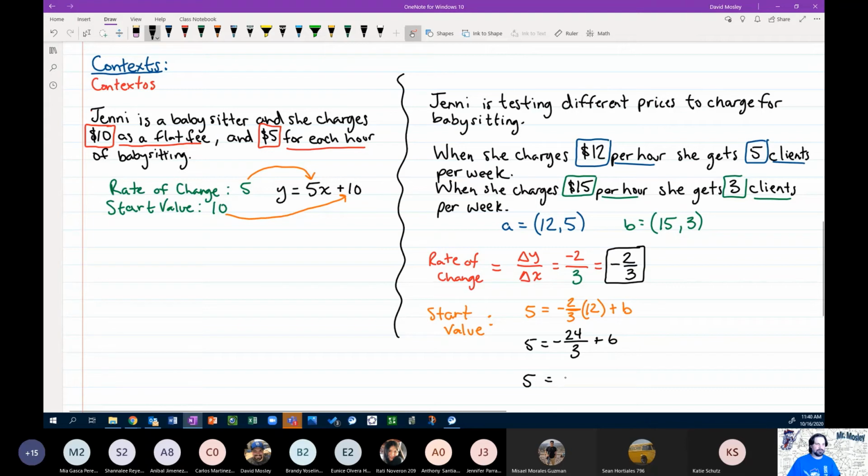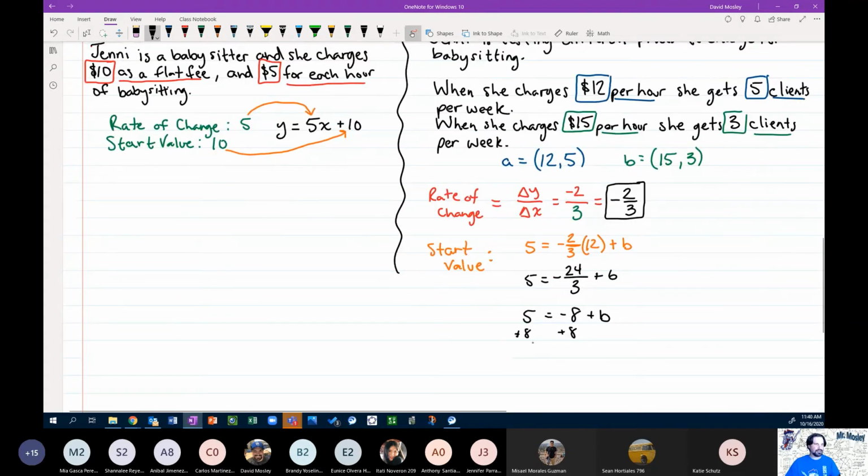So, 5 igual negativo 8 más B. Ok. Y más 8. Necesitamos sumar 8 a la izquierda y derecha.